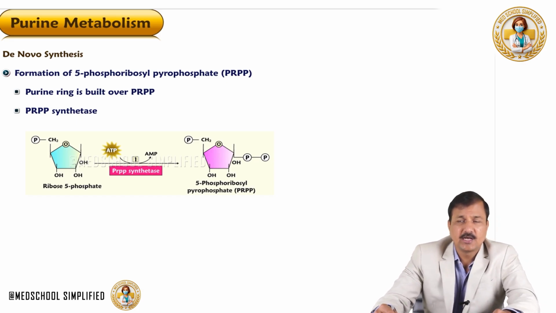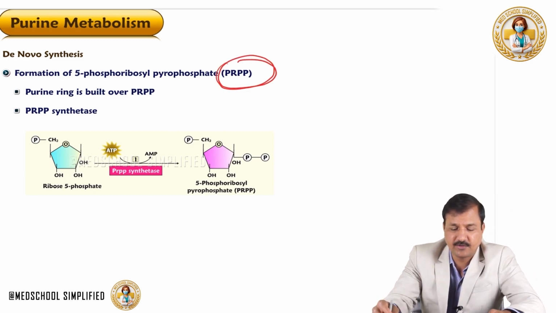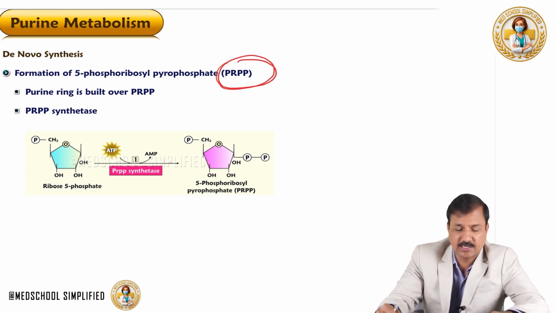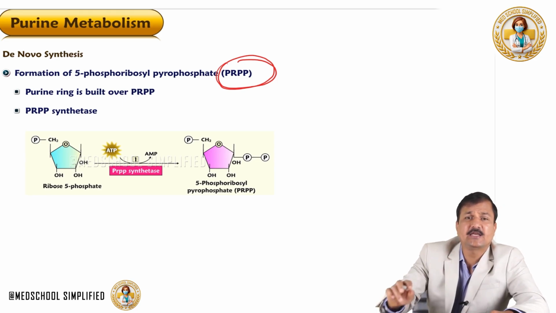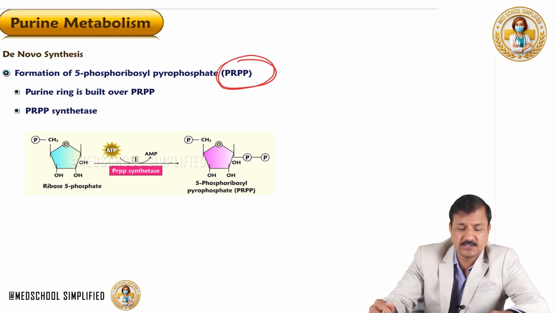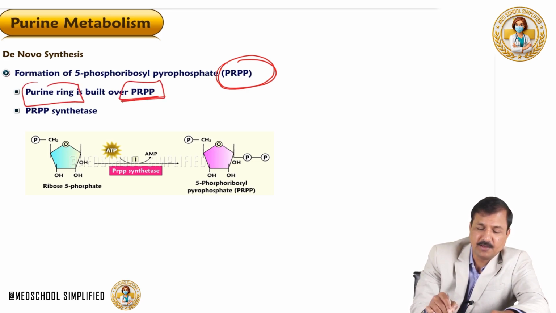Now, let us look at how exactly PRPP, that is 5-phosphoribosyl pyrophosphate, is made. PRPP is the necessity in purine nucleotide biosynthesis, because the entire purine ring is built over PRPP.